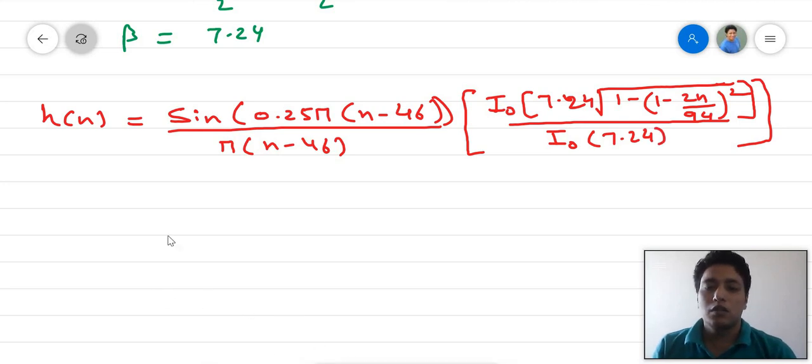So this is impulse response using Kaiser window. Thank you.